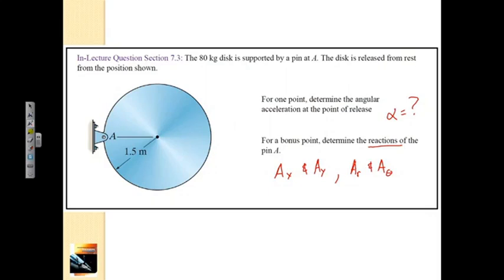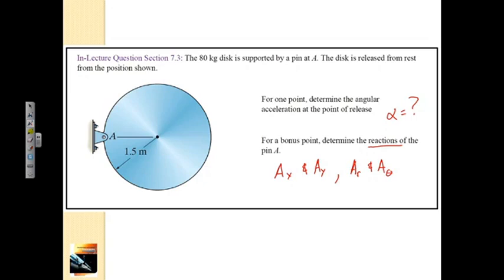R is 1.5 meters, so this is minus 2/3, 9.81 meters per second squared on g, R is 1.5 meters. Alpha is minus 4.36 radians per second squared. We figured out our angular acceleration.